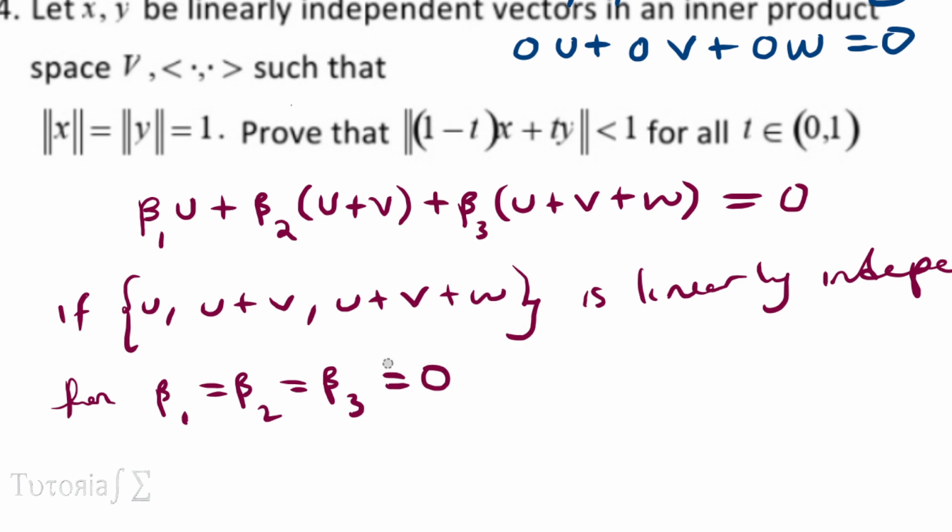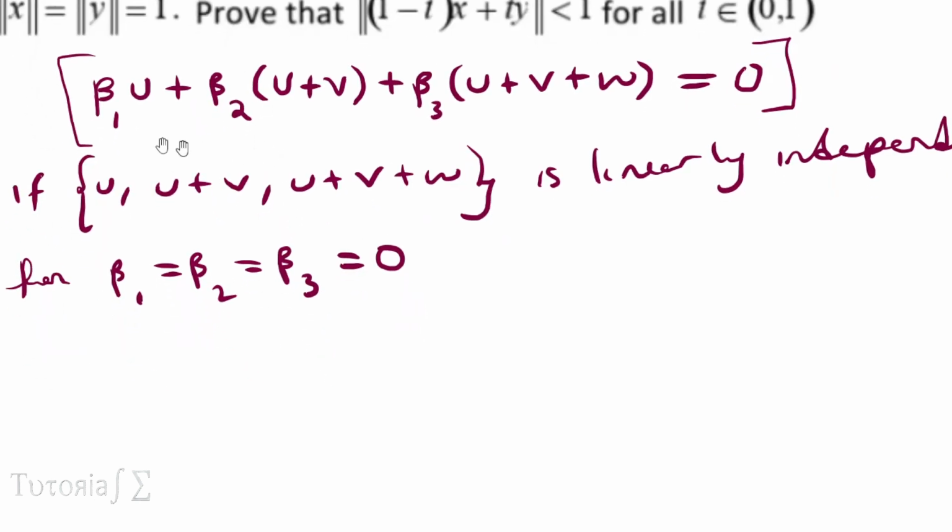So our task here is we just need to show that beta 1, beta 2 and beta 3 are equal to 0. So first of all, let's expand this and group those with u's alone and those with v's alone.